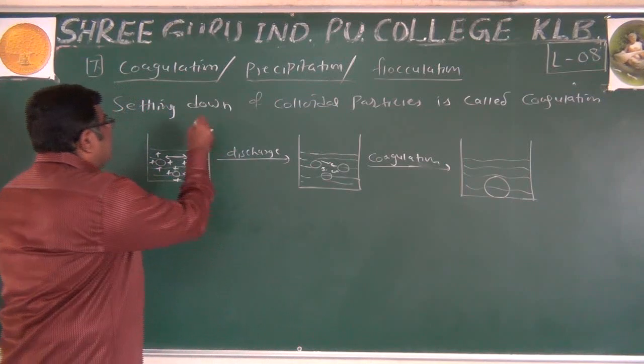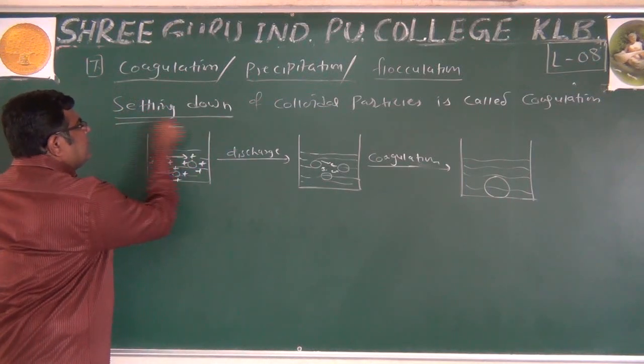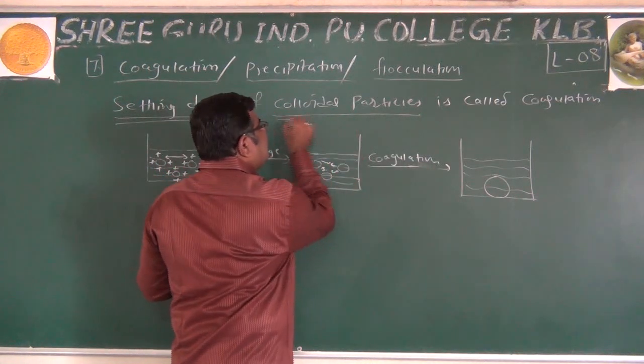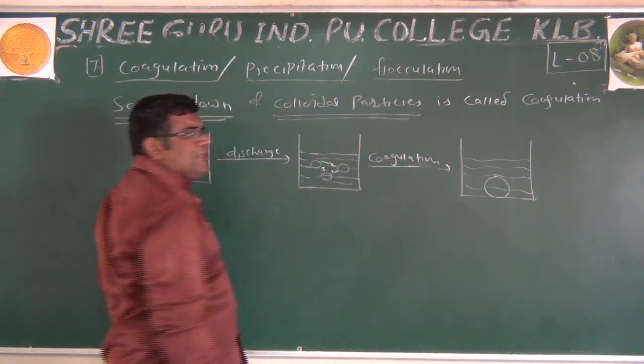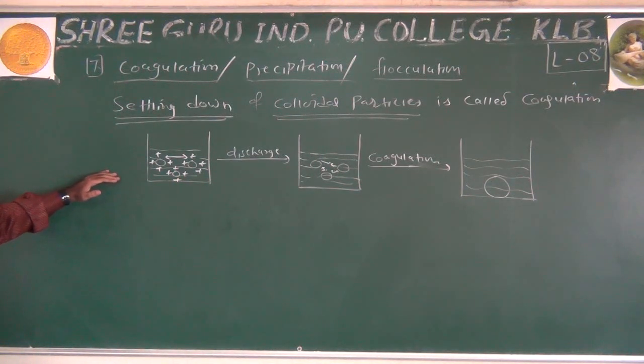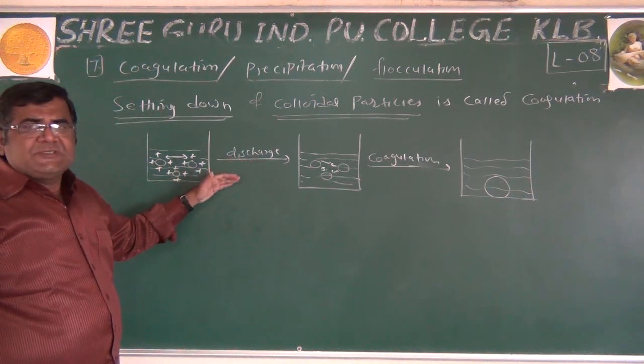So what is coagulation? It is settling down of colloidal particles, also called precipitation or flocculation. So there are certain methods of coagulation, for removing this charge, because colloids are of different types.